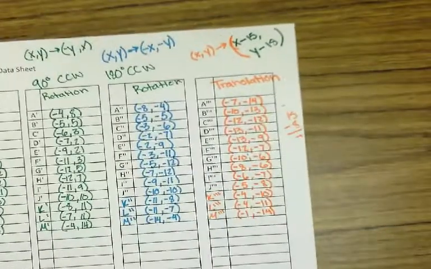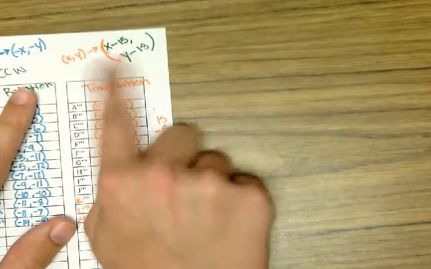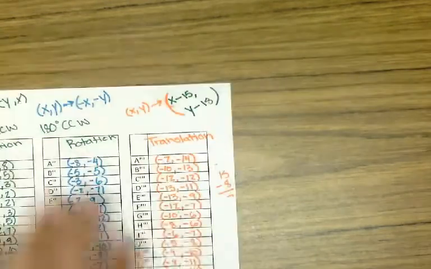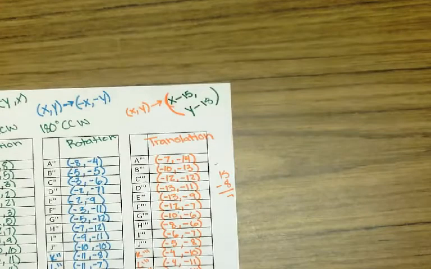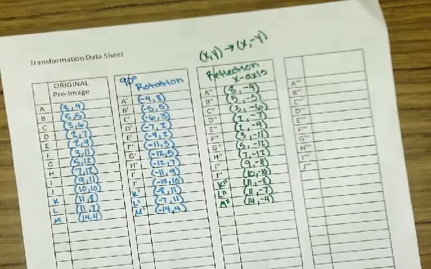One of these should say reflection, all of your points, and your formula for your reflection, and then one should say translation, your formula, and all of your points, okay? Let's see if I can find, like this one, all right? I wrote it on the wrong paper today. So you should have your original, rotation, reflection, and translation on your paper.